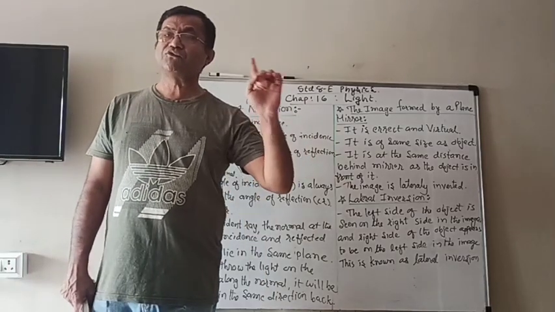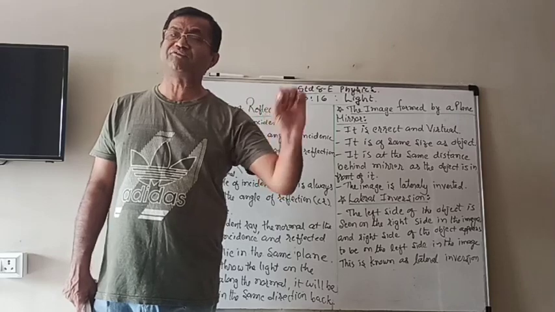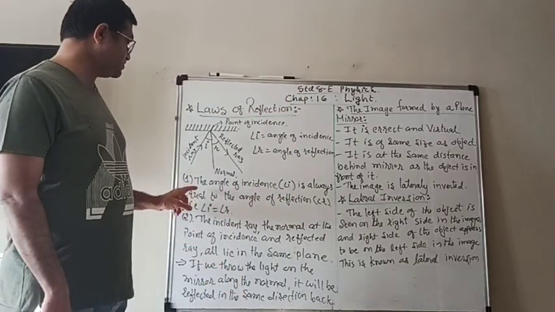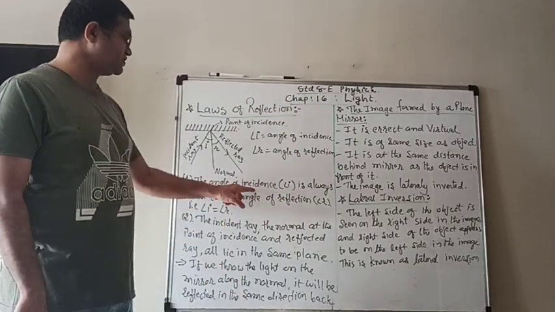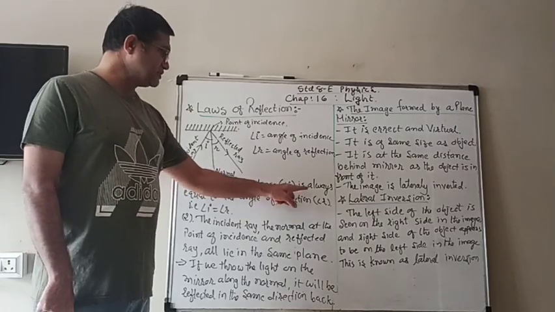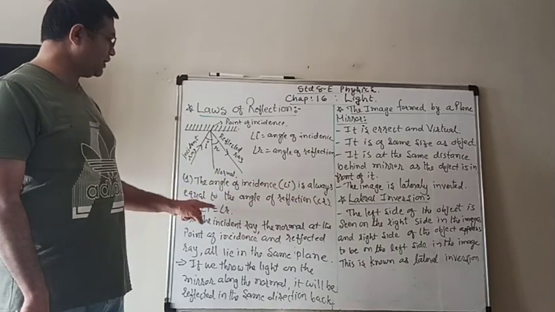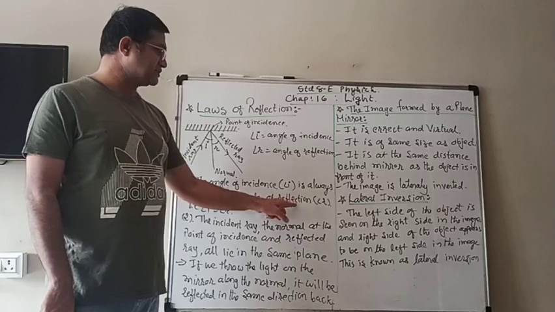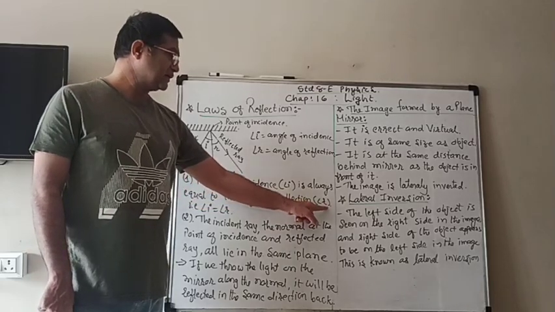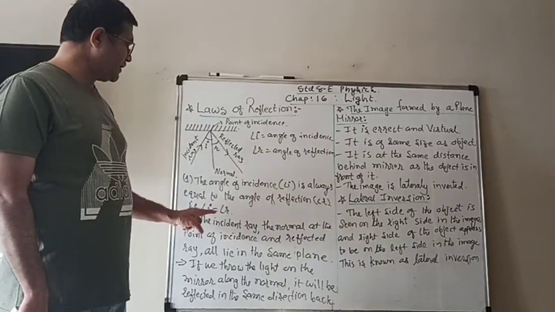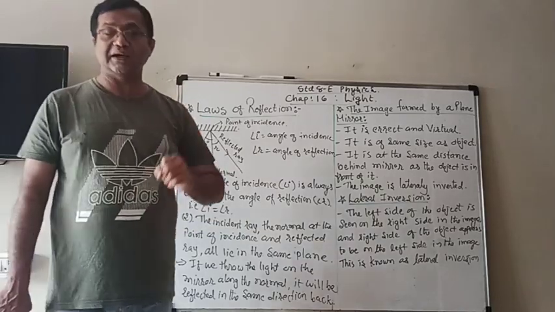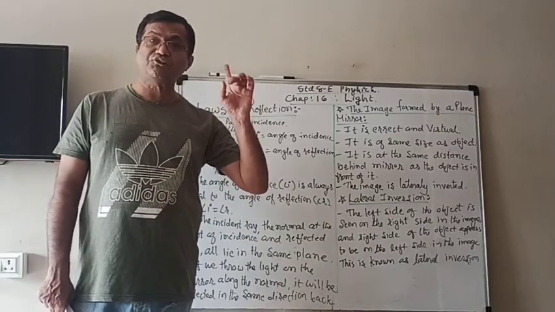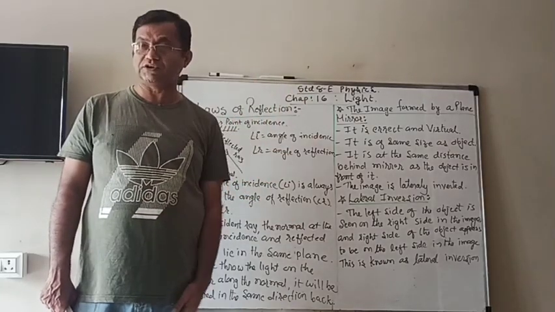That is the first law of reflection. It says that the angle of incidence, angle I, is always equal to the angle of reflection, angle R. That is, angle I is equal to angle R. So that is the first law of reflection.